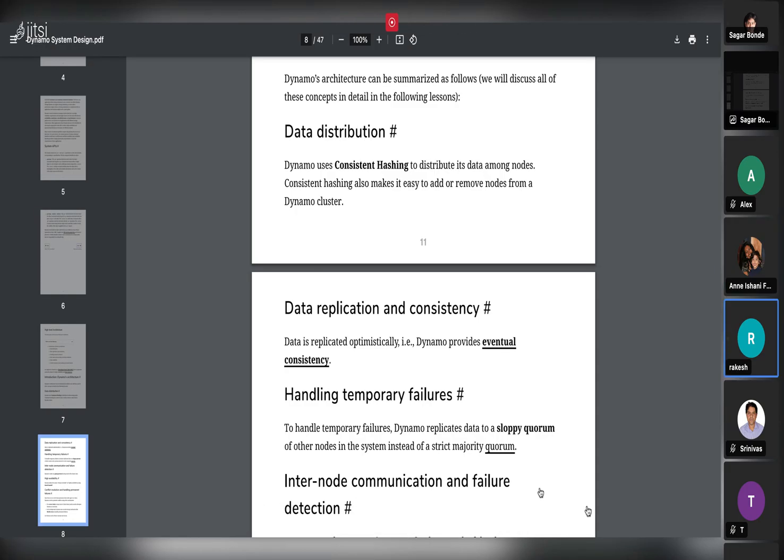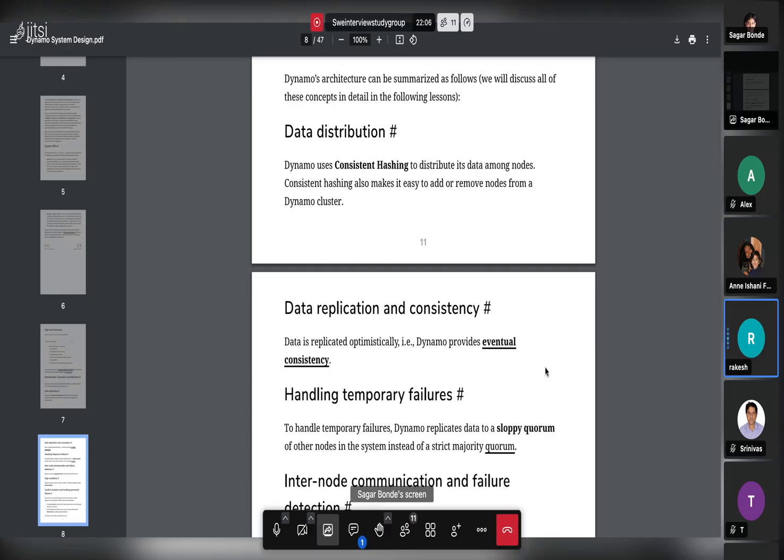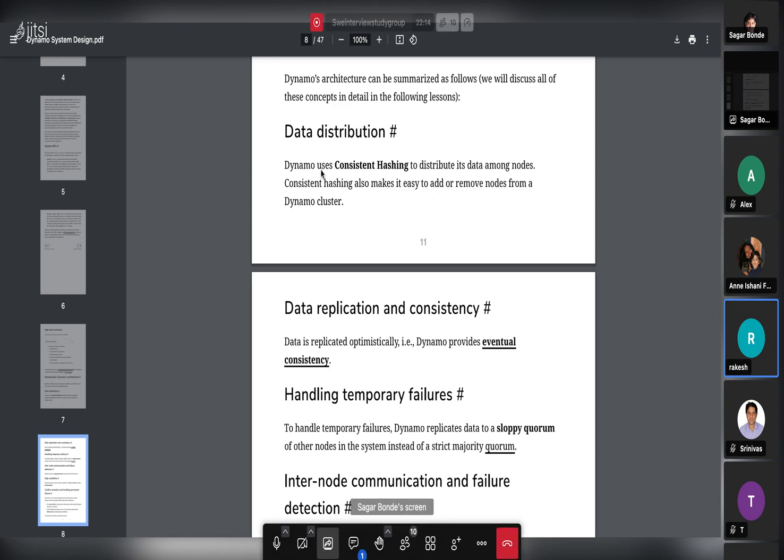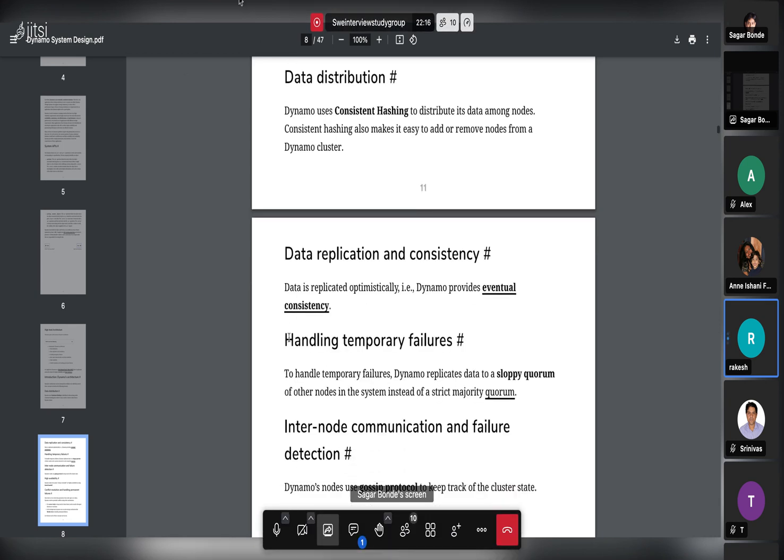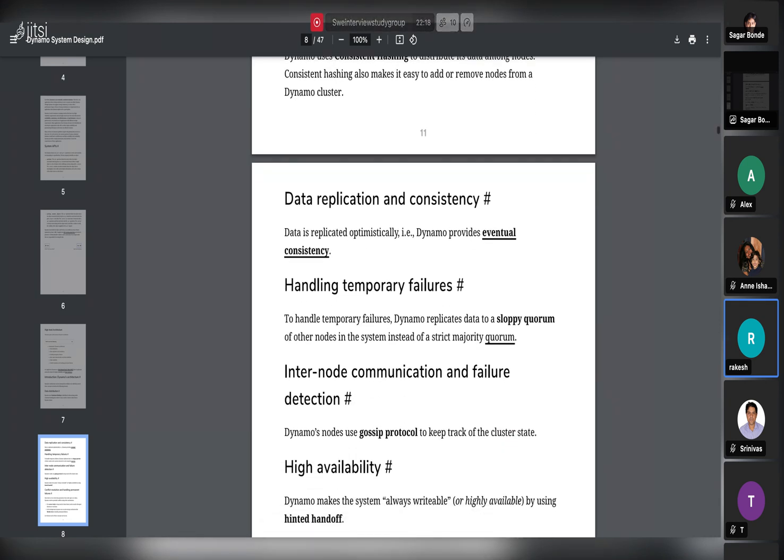Okay, that's fine. Handling temporary failures. To handle temporary failures, Dynamo replicates data to a sloppy quorum of other nodes in the system instead of a strict majority quorum. I think sloppy quorum is the same concept from Cassandra.